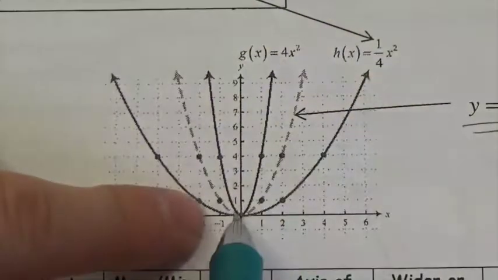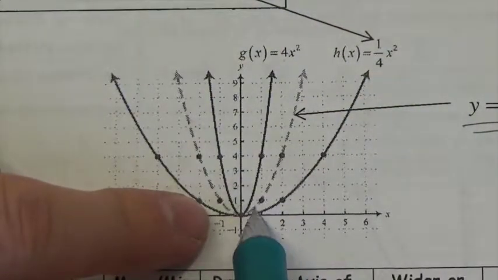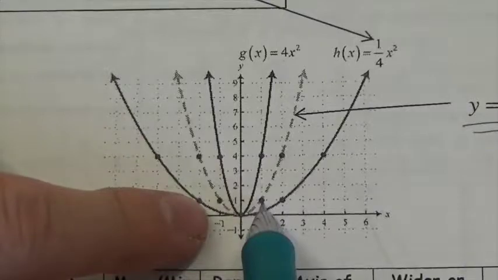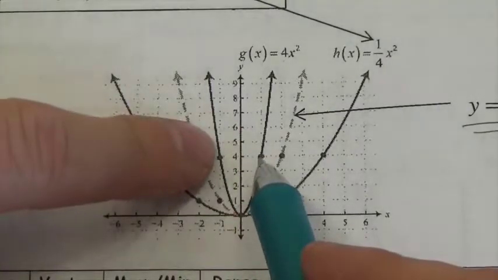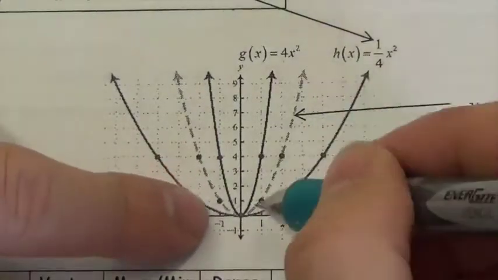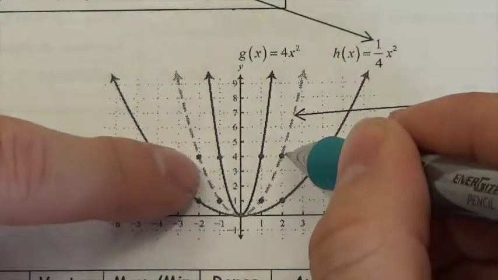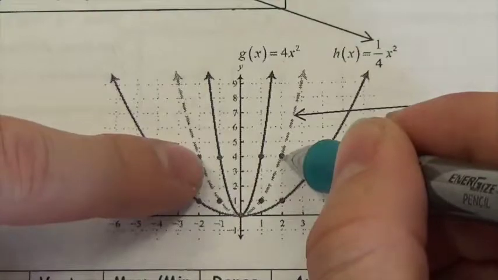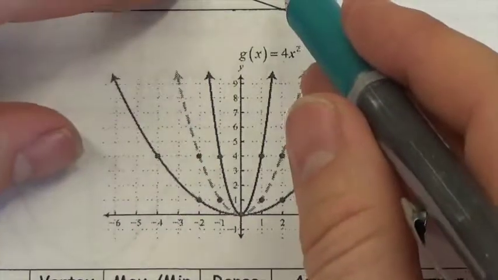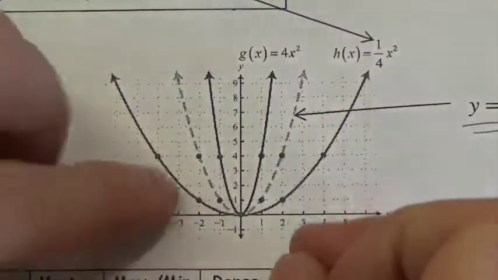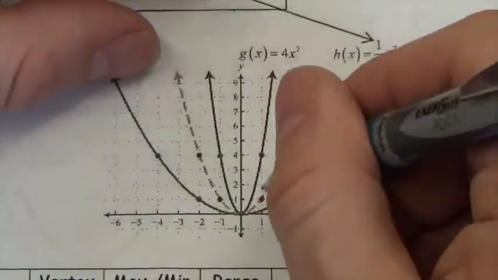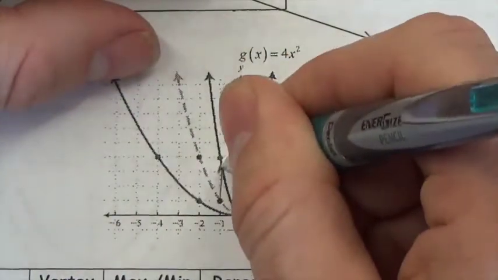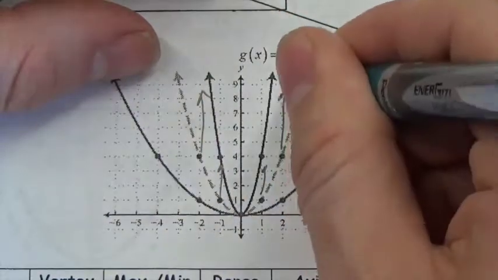For example, this point on the original at 1, 1 is going to become 1, 4. The point that would be at 2, 4 normally is going to jump up to 2, 16. So the graph is getting taller. These points right here are moving up.